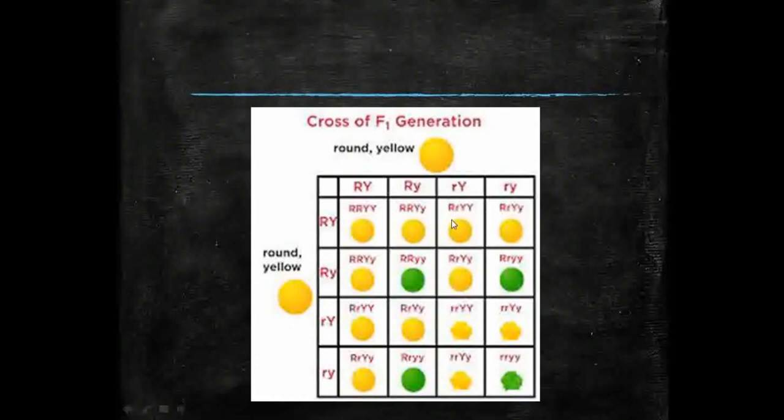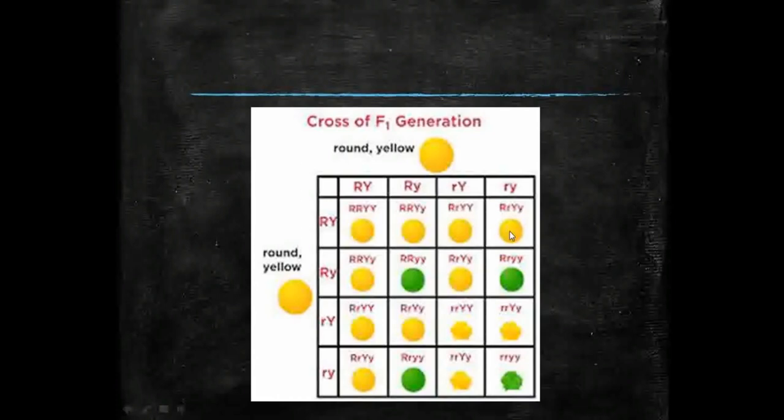This is also the same, because it is a combination of capital R, small r. As the round shape is dominant here, we will get a round shaped seed, and both are capital Y because these are homozygous. So there will be a round and yellow seed.